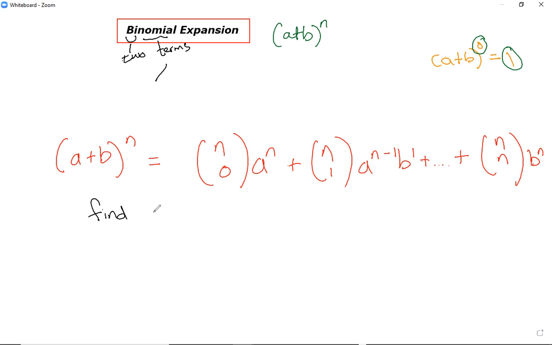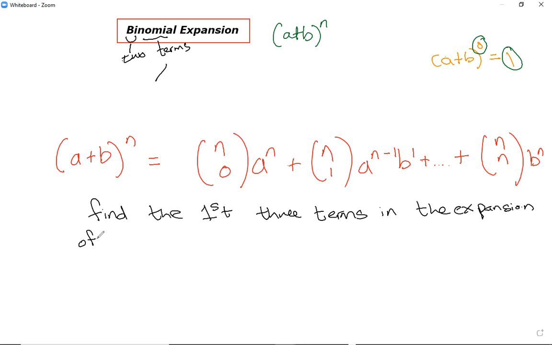Let's say, find the first three terms in the expansion of, let's say you've got (3 minus x) to the power of 10.